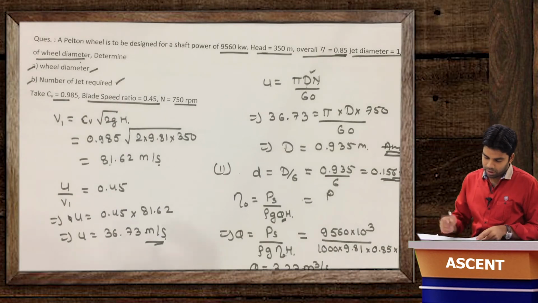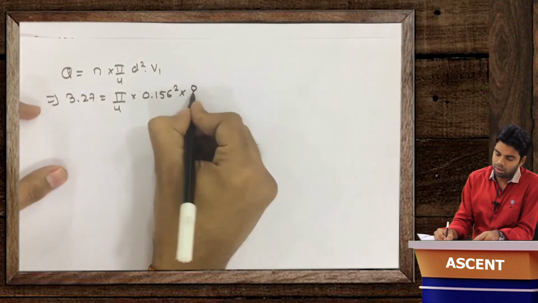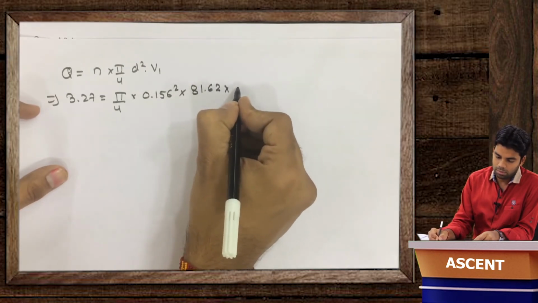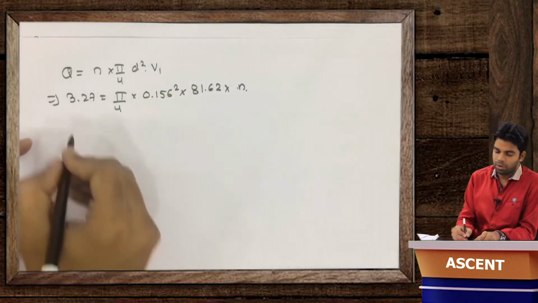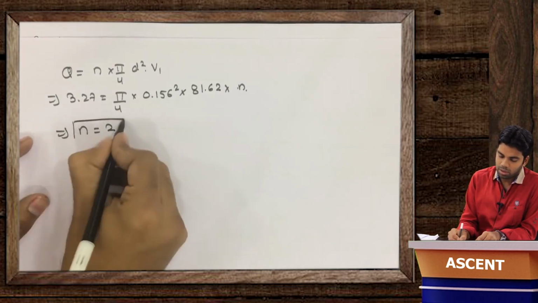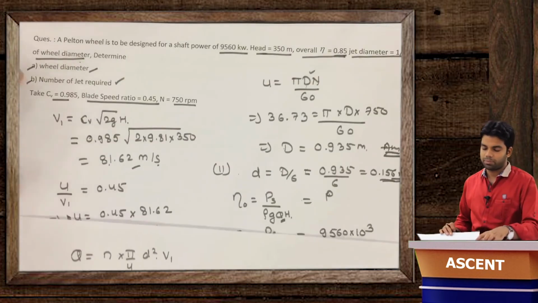V1 also we have determined, V1 is equal to 81.62, into n. Getting this one? So from here we can determine the value of n, which is equal to 2. That means at least 2 jets are required for this Pelton wheel.